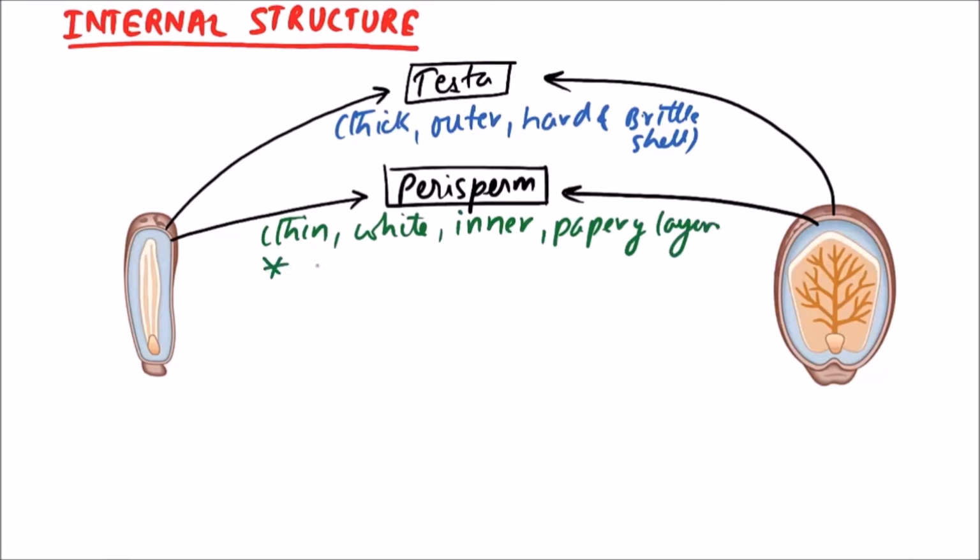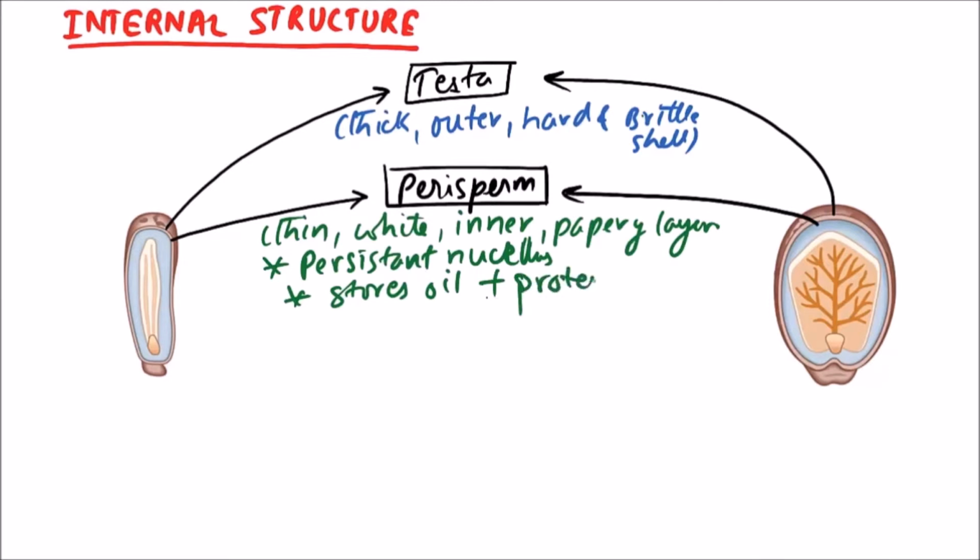Important thing is that it represents the persistent nucellus and it stores oil and some proteins in it.